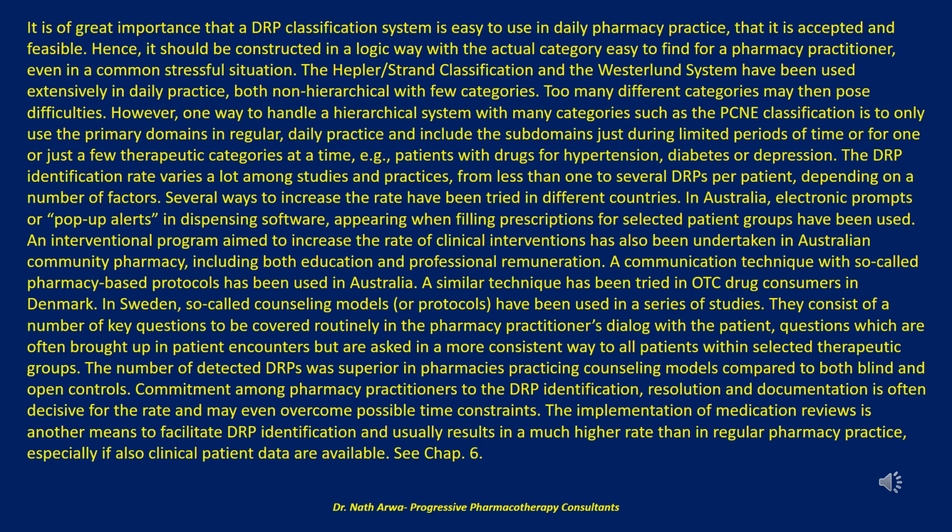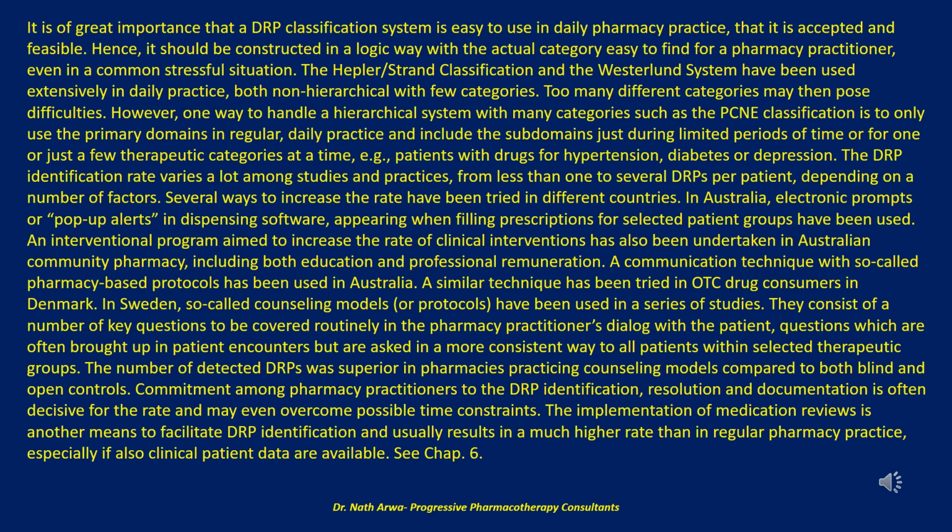Too many different categories may then pose difficulties. However, one way to handle a hierarchical system with many categories such as the PCNE classification is to only use the primary domains in regular, daily practice and include the subdomains just during limited periods of time or for one or just a few therapeutic categories at a time, e.g., patients with drugs for hypertension, diabetes or depression.